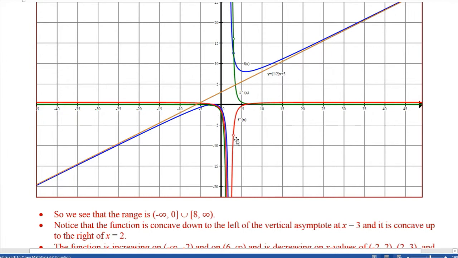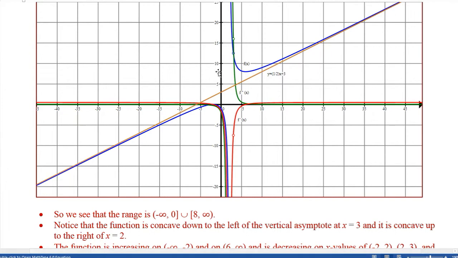You can see that the derivative has got a hole in it when x is 3, just as the original one has a hole in it when x equals 3, and the second derivative has a hole when x equals 3. And they all have vertical asymptotes when x equals 2.